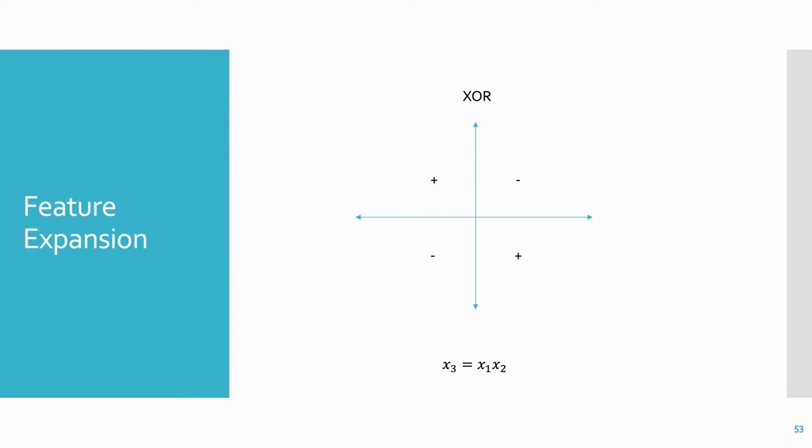So if we create a new feature, x3, that's x1 times x2, our data will look like this. So instead of having 3 features, we'll actually just have 1 feature that's a combination of the other 2, and our data is suddenly linearly separable. We can do all kinds of different feature expansions using the features that we have. Kernel methods allow us to do feature expansion.